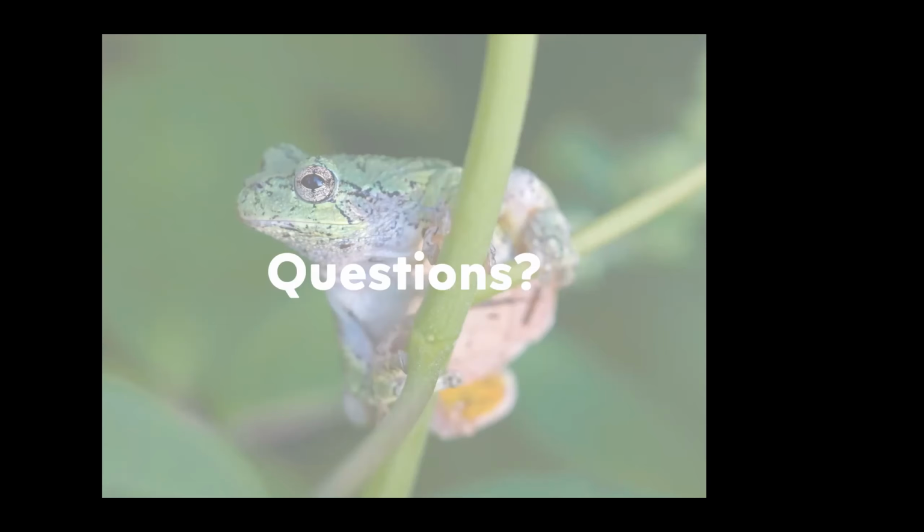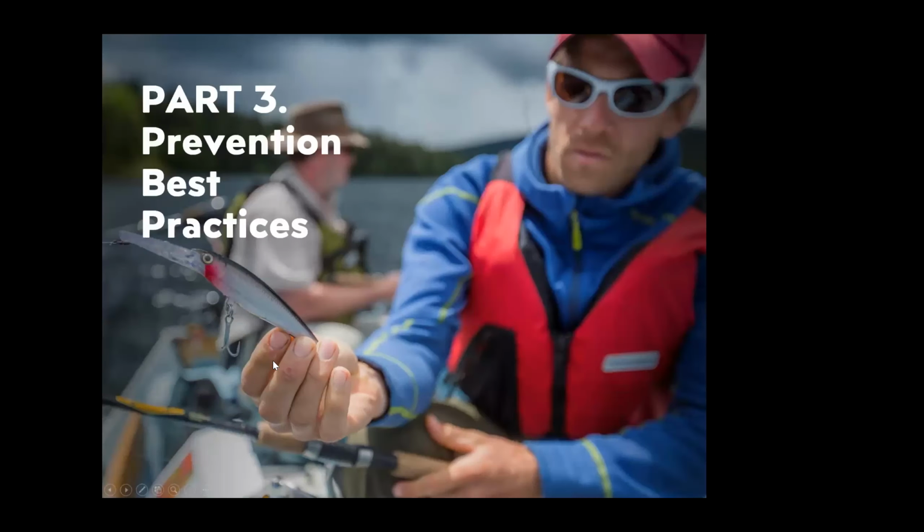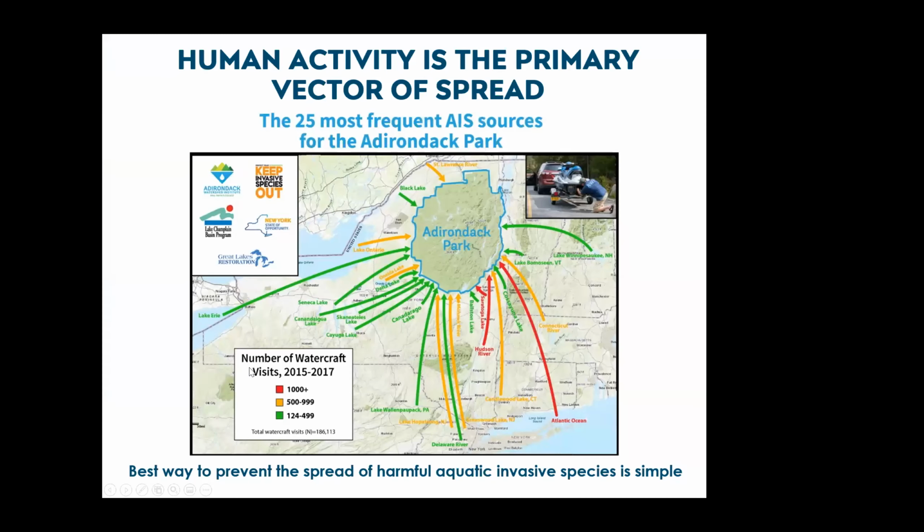Cool. So maybe next we'll just quickly go through best management practices for preventing the spread and introduction of aquatic invasive species. I'll go through it really quick. If you go to the next slide, Brian. Next one. So it's no surprise to anybody here that people and human activity are the primary vector of spread and introduction of aquatic invasive species, not just in the Adirondack Park, but across the globe.